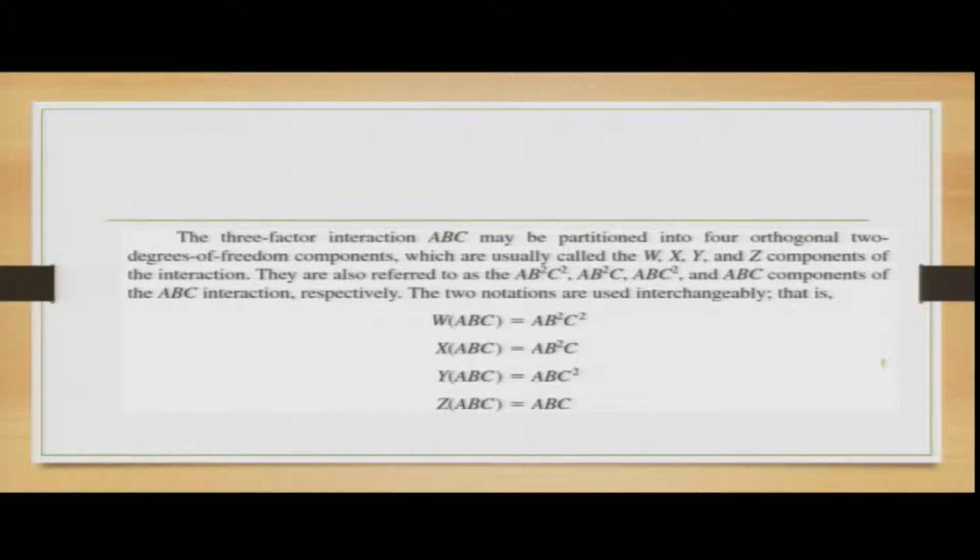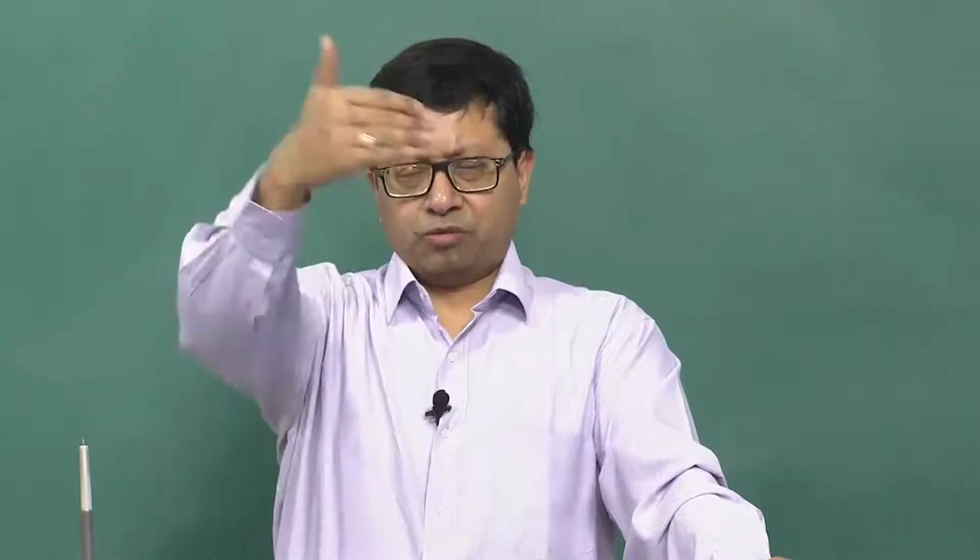So, if you use W, X, Y, Z or U, V, W, X, Y, Z, the combinations would be denoted as follows: for W you denote AB^2C^2. In another case, X could be AB^2C, in another case Y will be ABC^2. For example, in another case V may be denoted by A^2BC.